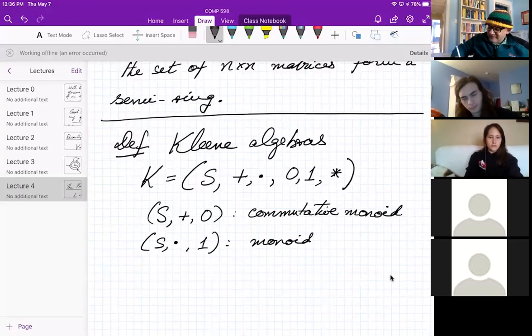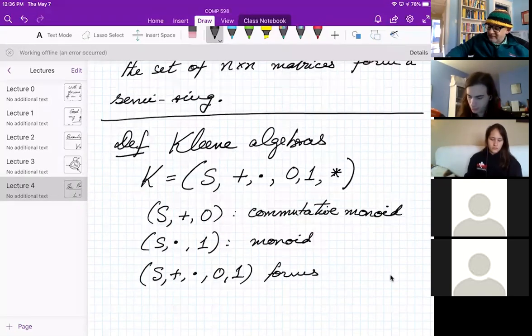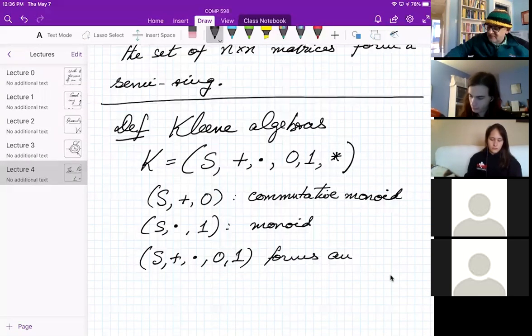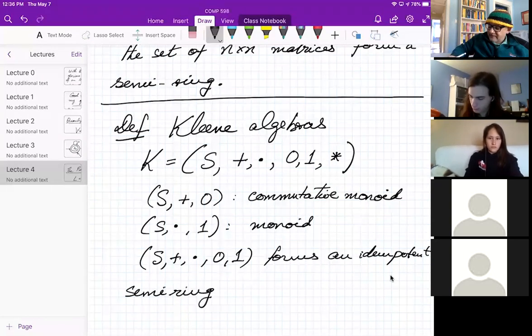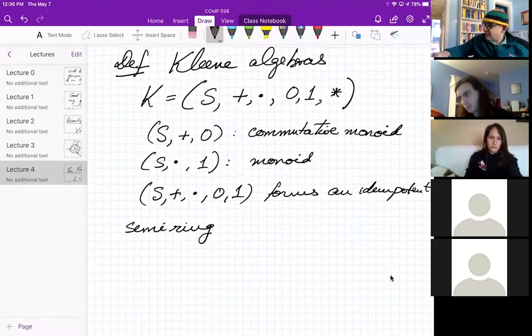So basically, K plus dot 0, 1 forms an idempotent semiring. And now I have to tell you what are the equations satisfied by star.